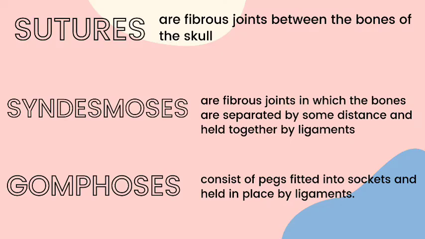Sutures are fibrous joints between the bones of the skull. Syndesmoses are fibrous joints in which the bones are separated by some distance and held together by ligaments. Gomphoses consist of pegs fitted into sockets and held in place by ligaments.